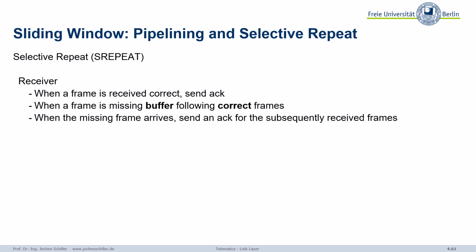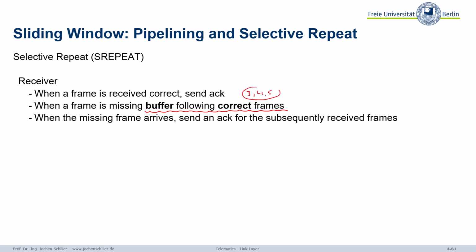So when a frame is missing, at least, and this is now new, we buffer the following correct frames. With go back N, we said, well, 2 was missing. I don't care about 3, 4, 5. I simply don't care. I don't even buffer them because 2 is missing. But now we say, okay, the example before, it was this 3, 4, 5.